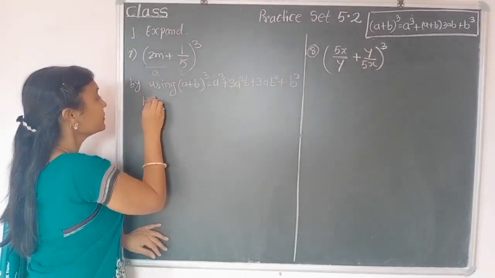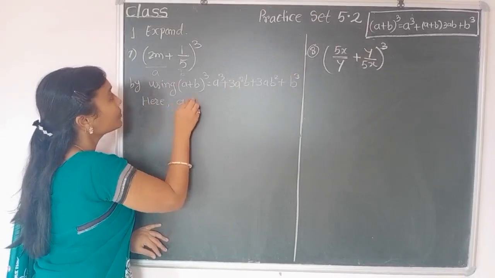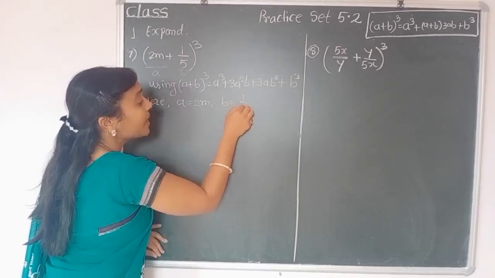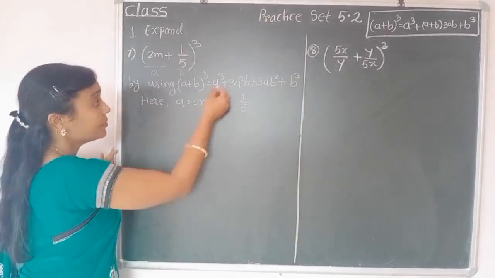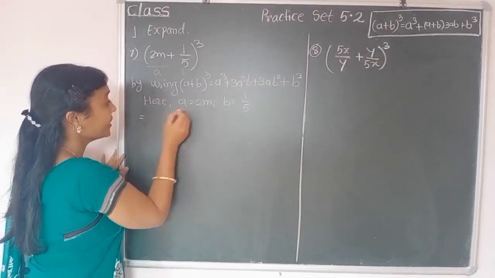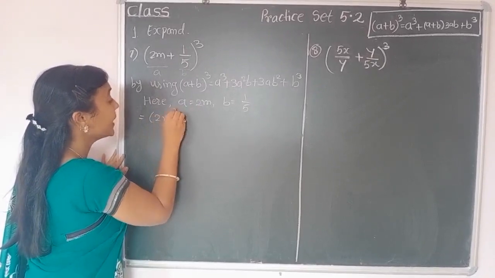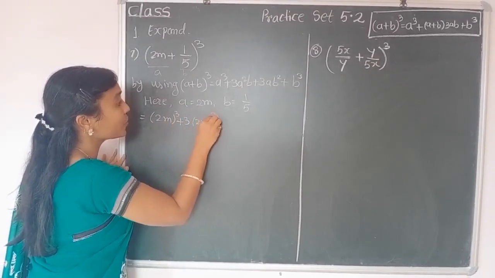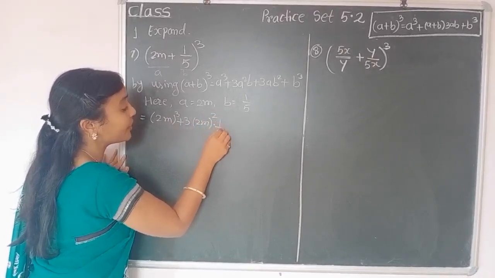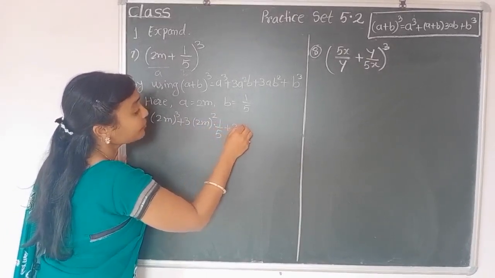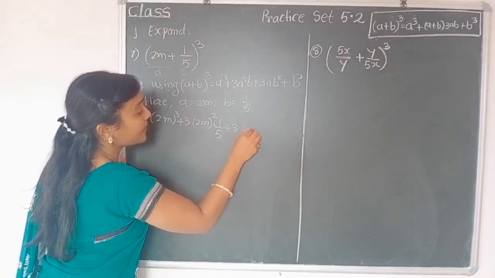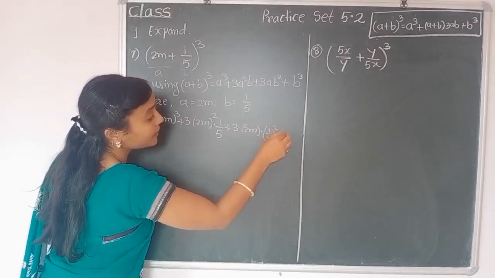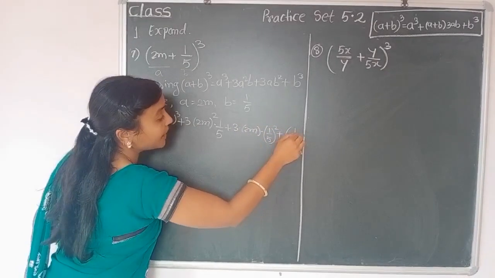Here a is equal to 2m and b is equal to 1 by 5. Put the values in our formula. a means (2m) bracket cube plus 3 into (2m) bracket square into b means 1 by 5, plus 3 a means 2m into (1 by 5) bracket square plus (1 by 5) bracket cube.